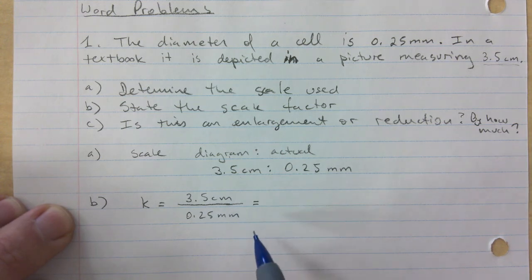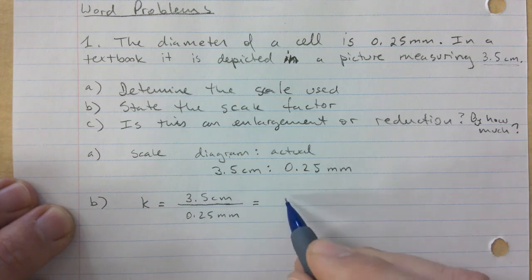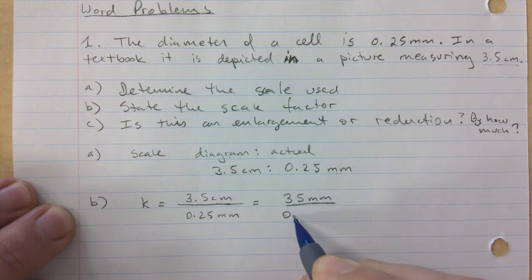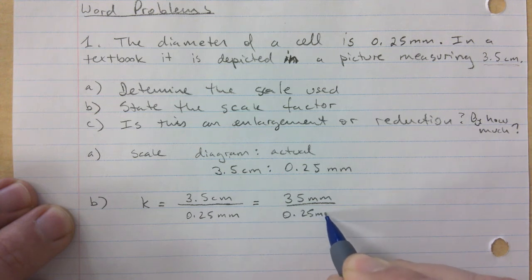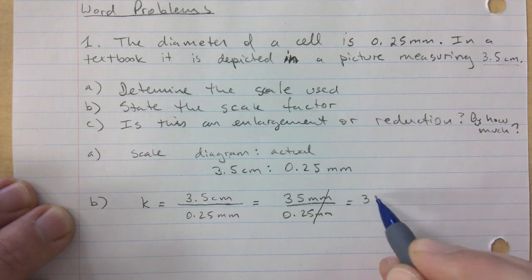I think for my purposes, I would want to just say let's convert this to millimeters. Just multiply it by 10, so it's 35 millimeters over 0.25 millimeters. Okay, you can cancel the millimeters, and you end up with 35 over 0.25, just like that.